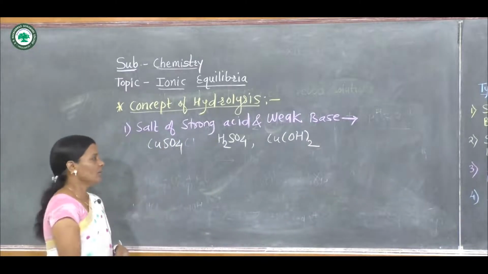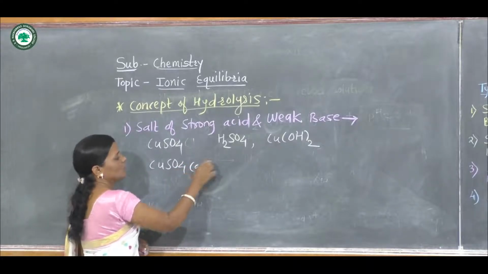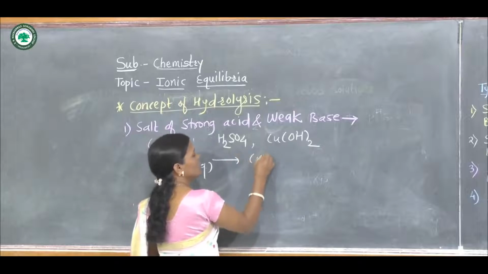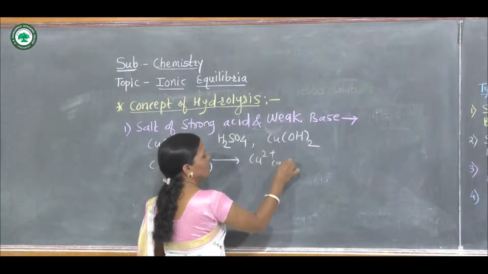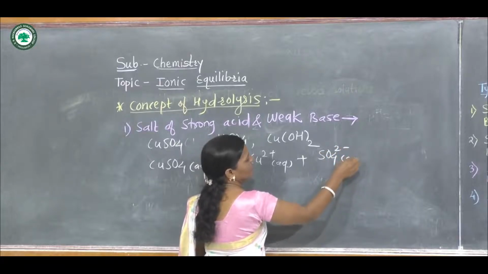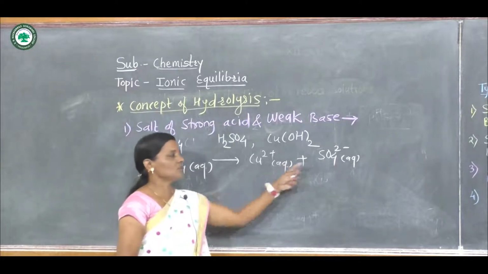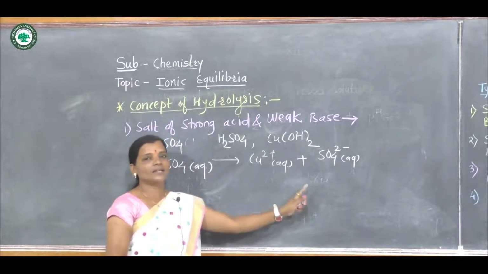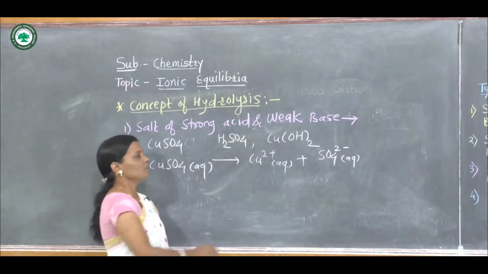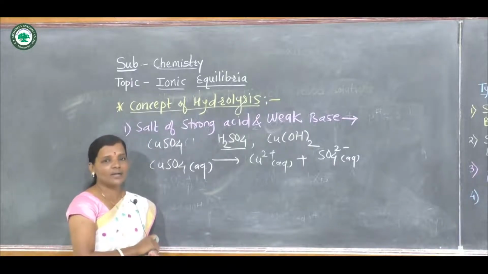Now this copper sulfate, when dissolved in water in its aqueous solution, dissociates almost completely to form Cu2 plus ion and sulfate ions. Now out of these two ions of this salt, sulfate ion does not interact with ions of water because the possible product is H2SO4, which is a strong electrolyte.